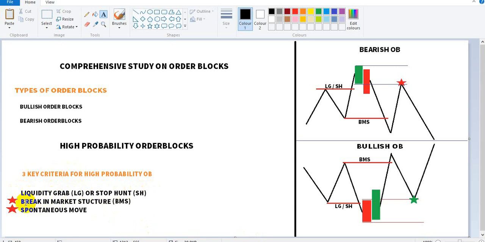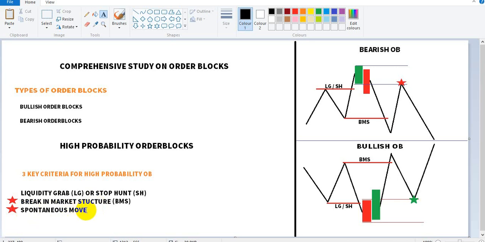The second one is break in market structure, BMS. Anywhere you see me use LG, it means liquidity grab. Anywhere you see me use SH, it means stop hunt. Anywhere you see me use BMS, it means break in market structure. And the third one is spontaneous move or impulsive move.